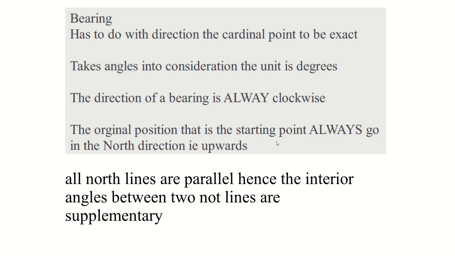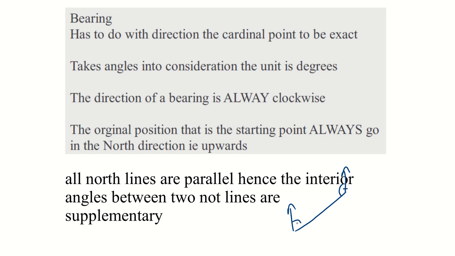The starting point is always a north or upwards direction. So you draw that north line, and then from that north line you measure your bearing. All north lines are parallel. So if you have two north lines, and this comes up a lot, you have point A with a north line going up here, and then a next north line going up here, and I know this angle here and they want to find out this angle.